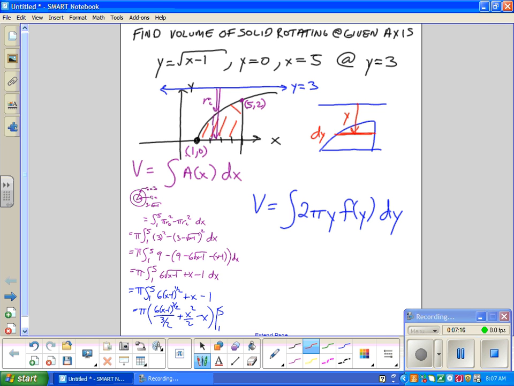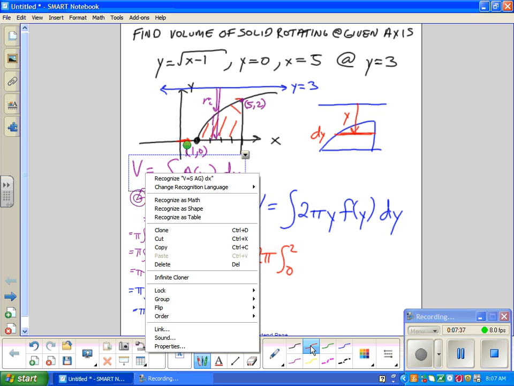So this will become, again, the idea of setting it up. And we would go from 0 to 2. The integral is the y, so you can pull 2 pi out, 0 to 2, and now it's not y. This distance is not y high.